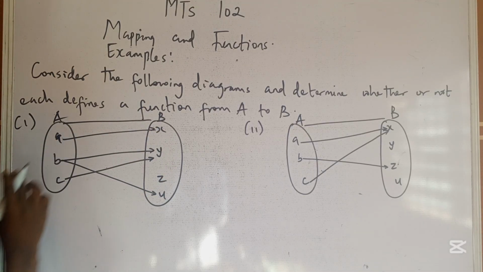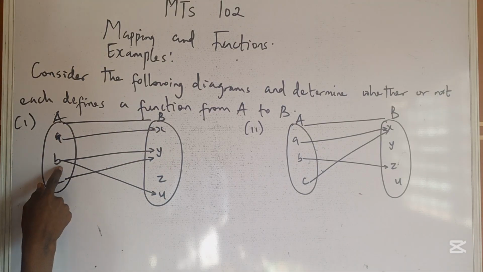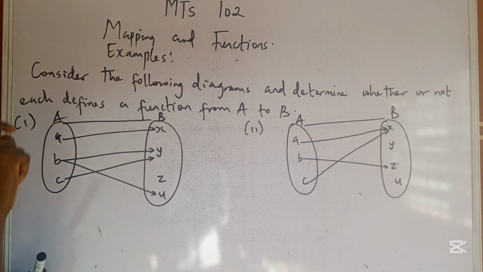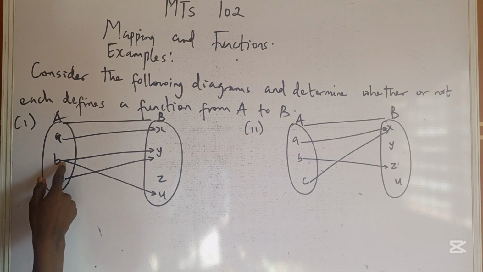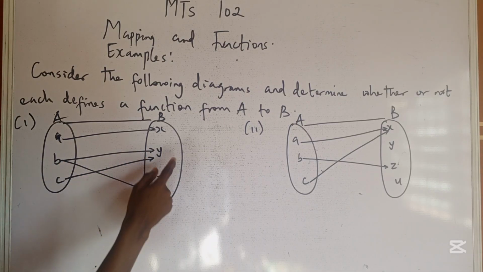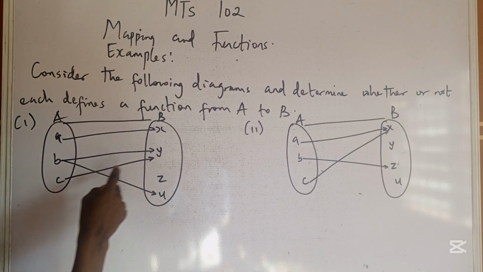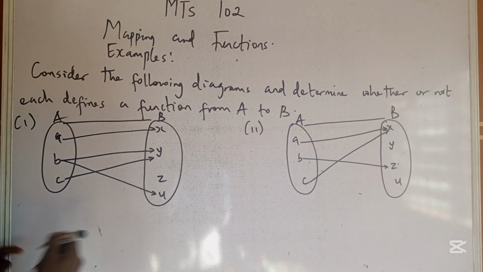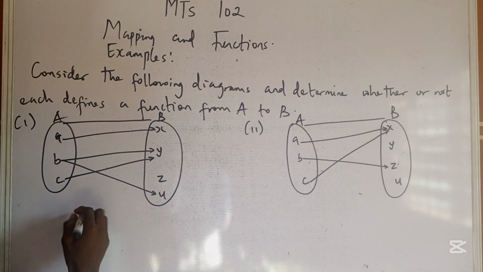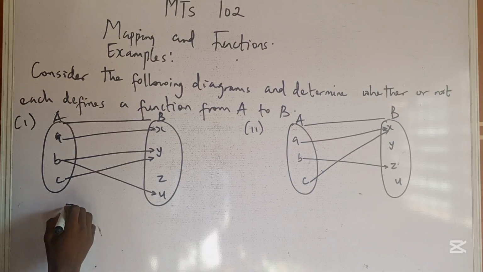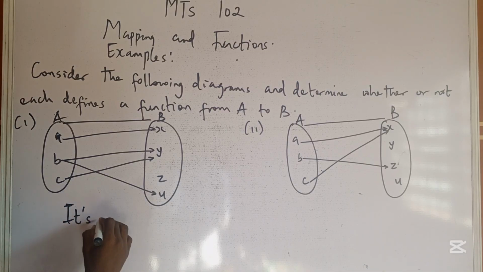Let's take a look at B. B is supposed to map to a unique image. Instead, it is mapping to two images. It is not giving us a unique image. So therefore, this first question is not a function.